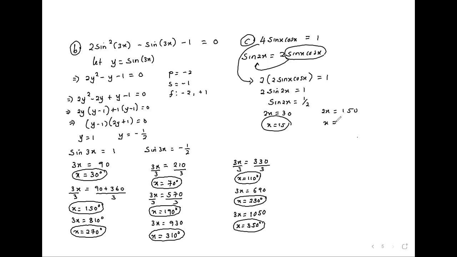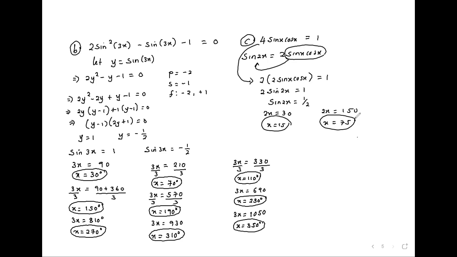Here, x is equal to 75. Then you do the coterminal now. So go for the coterminal: 30 plus 360, then also 150 plus 360. Then divide. So that will be an exercise in understanding part B. Then you do part C.